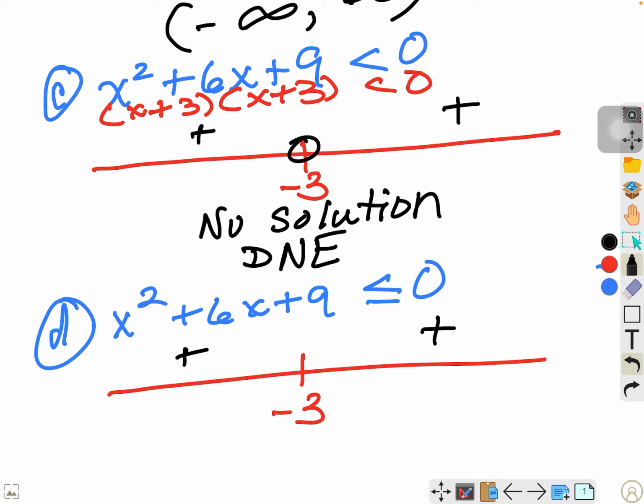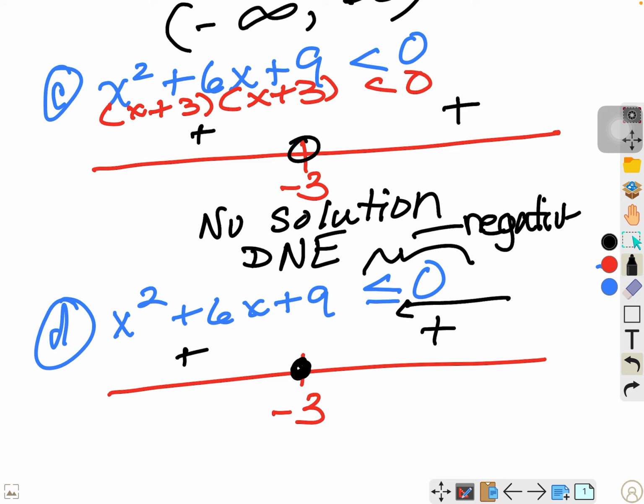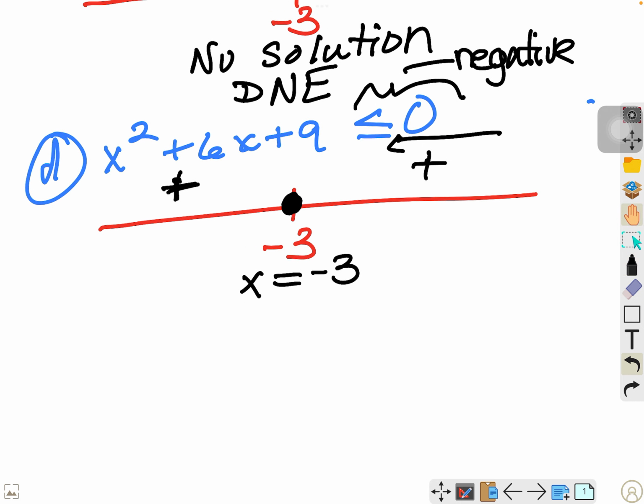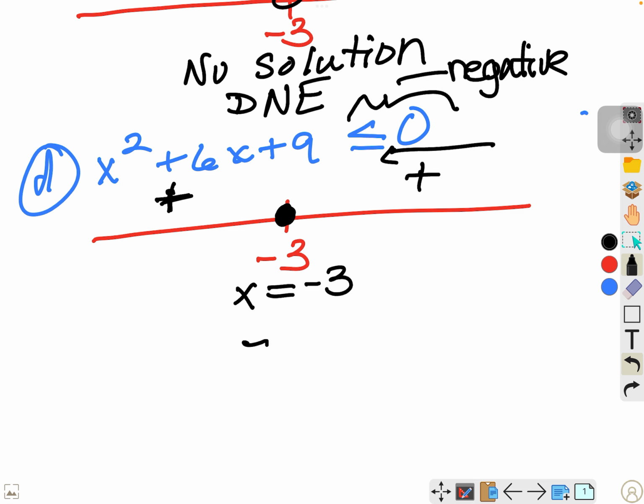This time, because the equal to is present, we get to include our endpoint. However, because we're looking for negative results, less than 0, neither of these are negative. They're both positive. So the only thing we get to include now is the negative 3. So the answer is x equals negative 3. And in interval notation, we get to start at negative 3, and we get to include it, and we end at that same spot, negative 3.